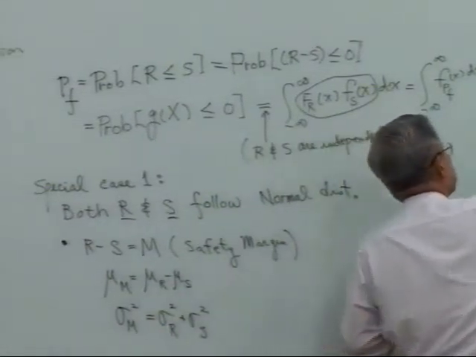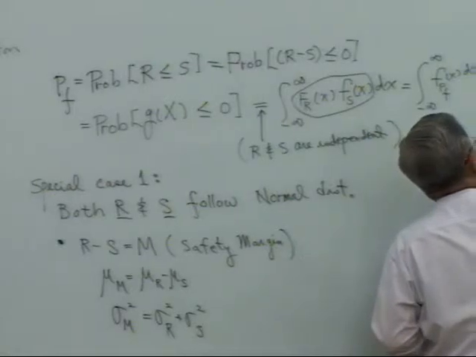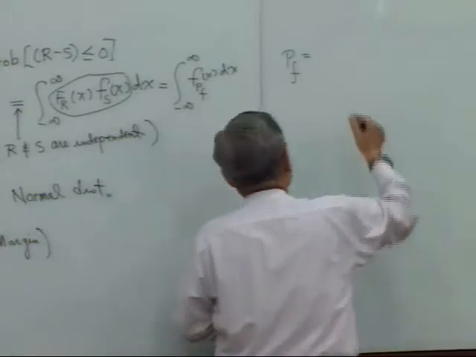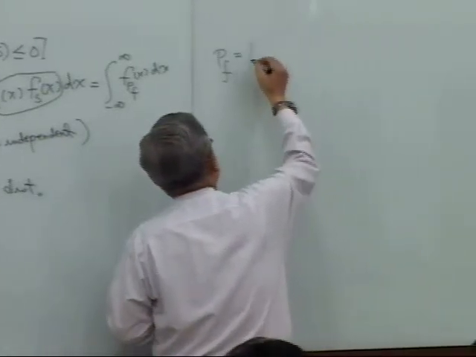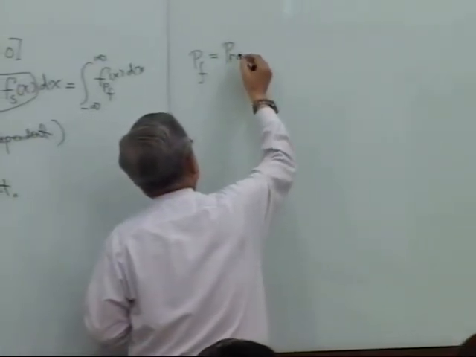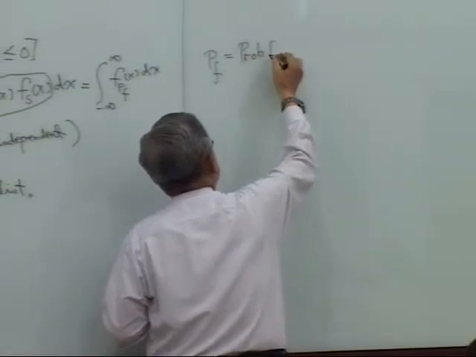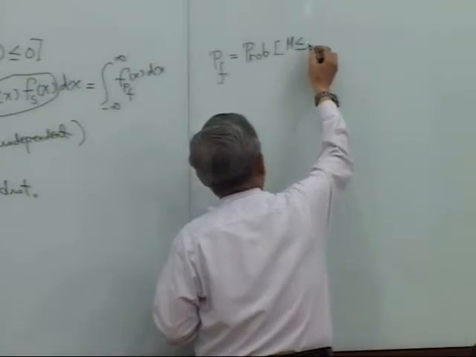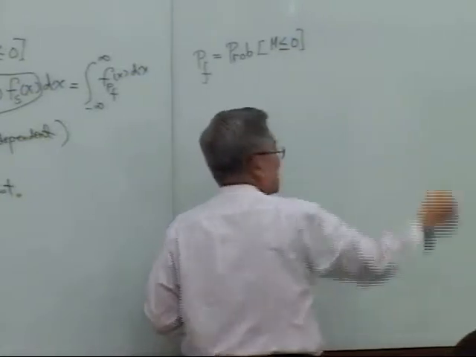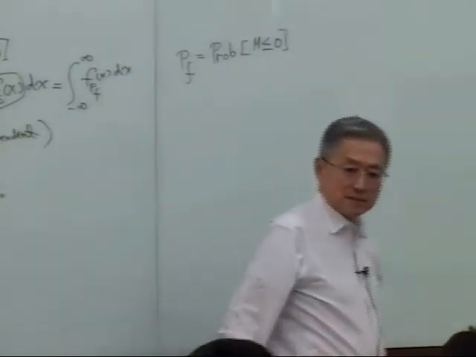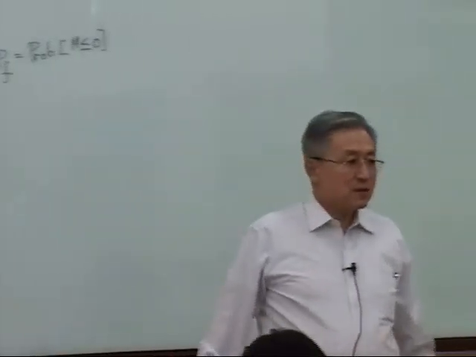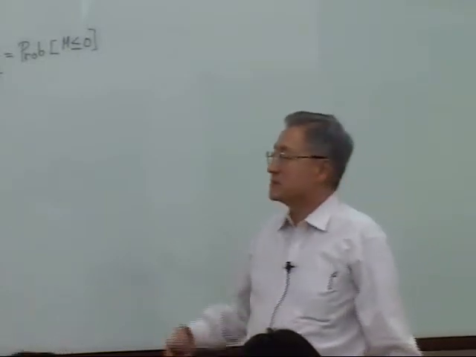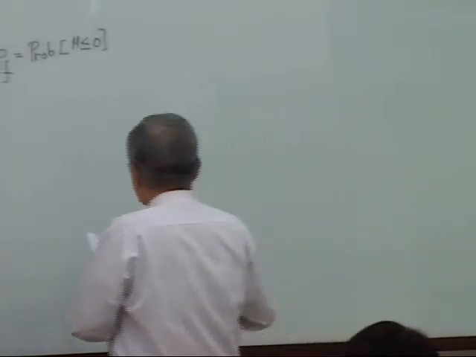Then the probability of failure can be defined as the probability that M is less than or equal to 0. Can I do that? M is equal to R minus S, so I can do that.